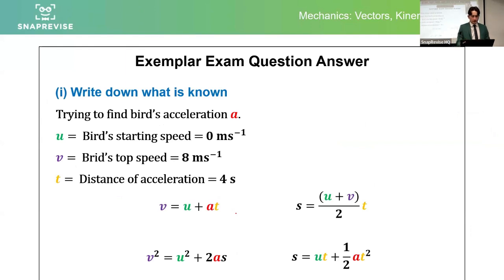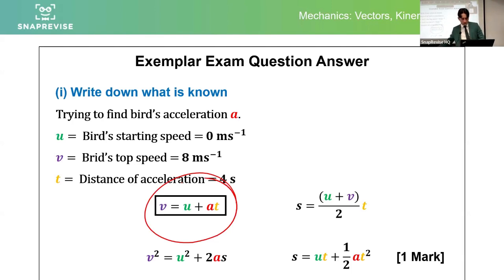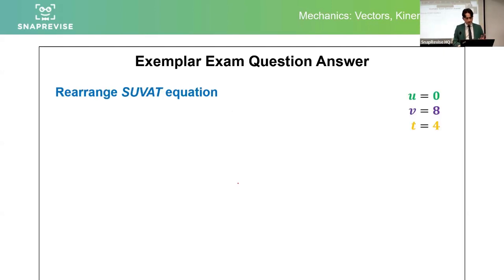So which equation uses u, v, a, and t? It's this one. So this is what we're going to use. And by selecting the correct suvat, we're already potentially picking up a mark, because all we need to do with that is sub the values in. So let's do this together.